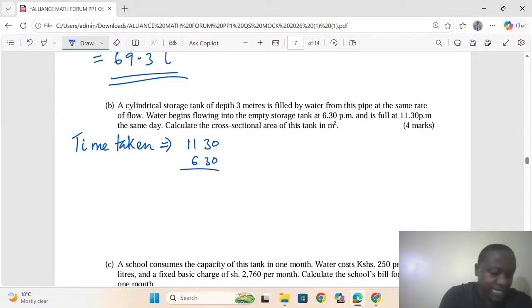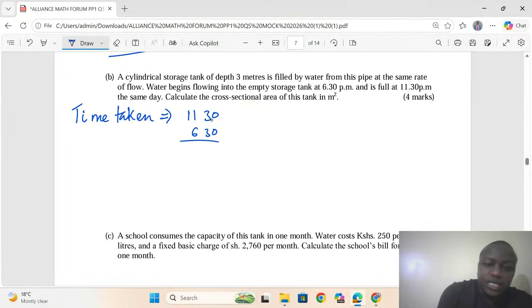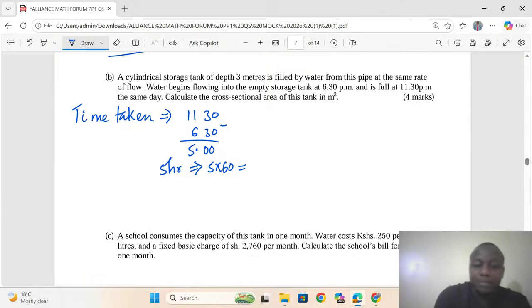How many hours is this? Subtracting, we have 5 hours. 5 hours is equivalent to 5 times 60, so that you may get time taken in minutes. So to fill this tank, it takes 300 minutes.